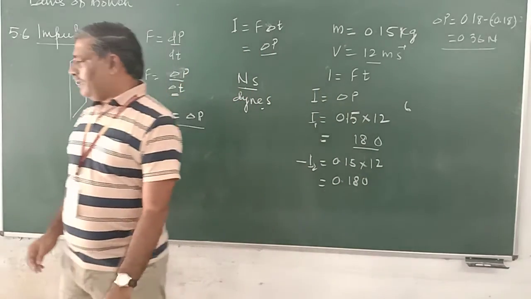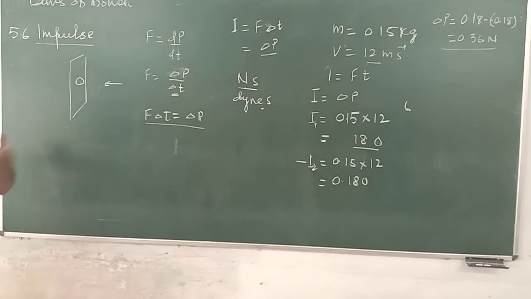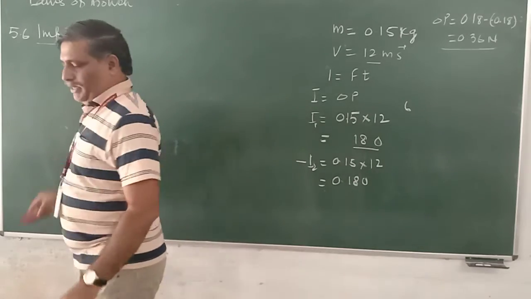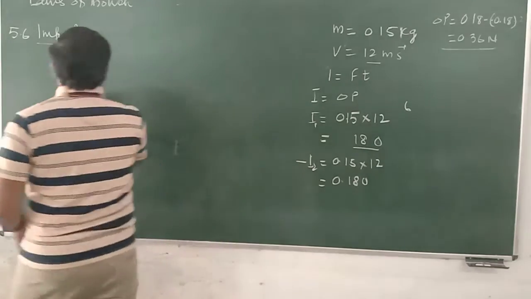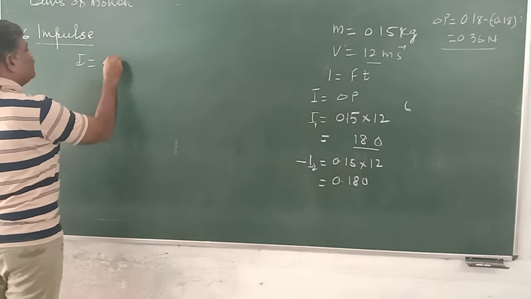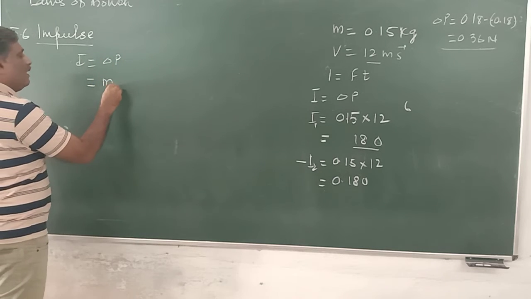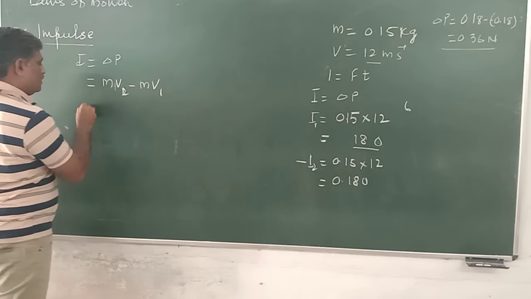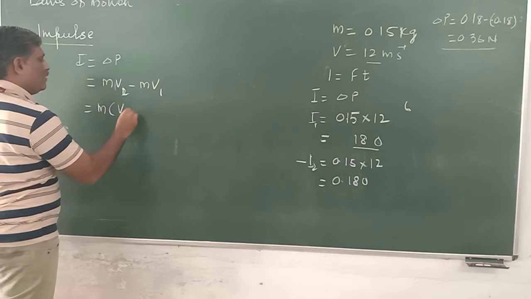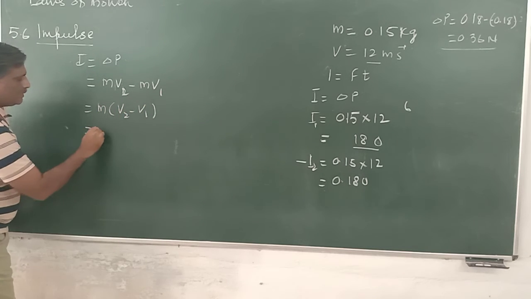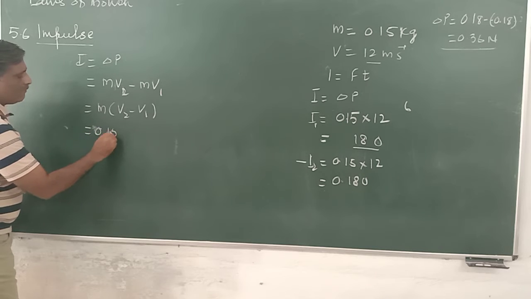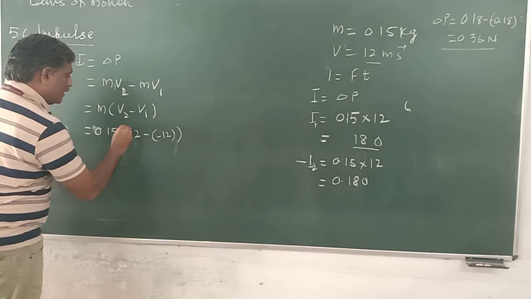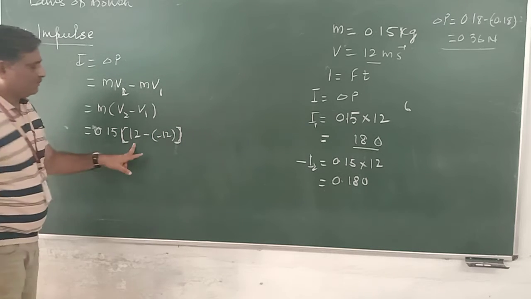We can take it in another way. Impulse is nothing but the change in momentum, which is mv2 minus mv1, that is m times (v2 minus v1). Here m is 0.15, and it is 12 minus minus 12, because the direction of the velocity changed.